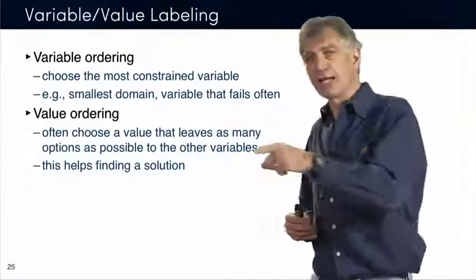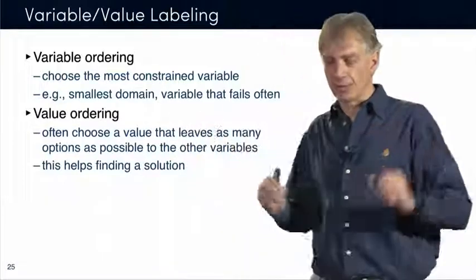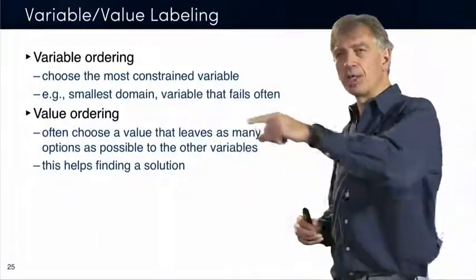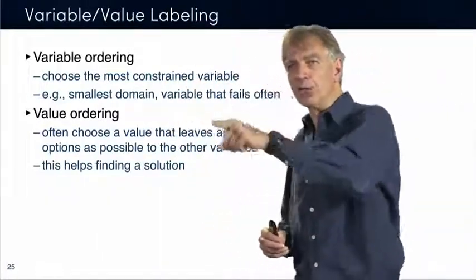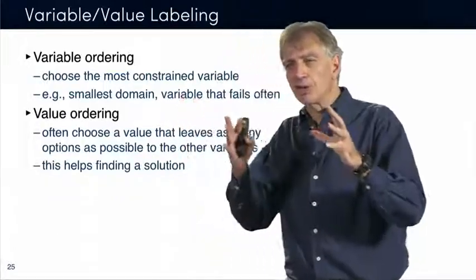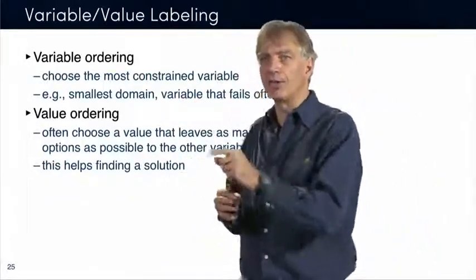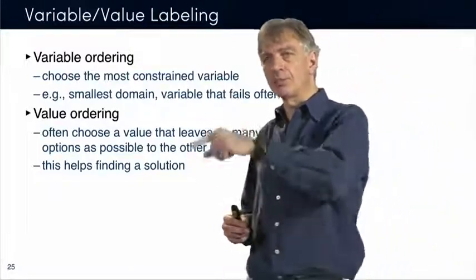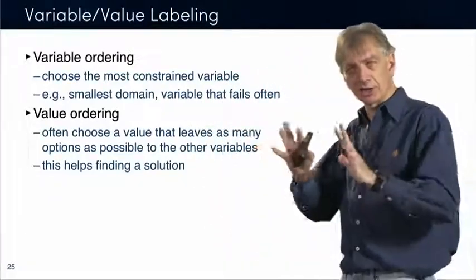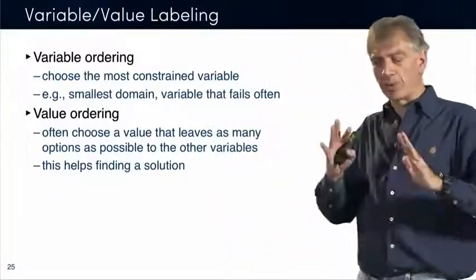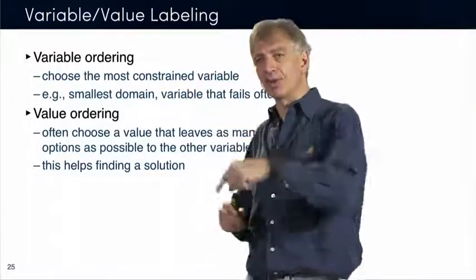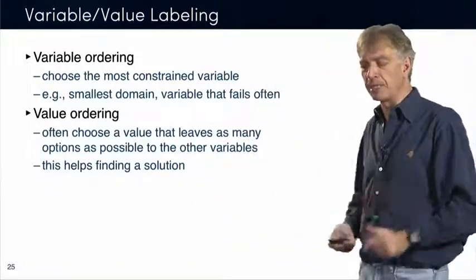Okay? Because that helps you find a solution. You leave flexibility for the variables. So in a sense here, we are trying to look at the region which is the toughest, but also trying to find a feasible solution. Of course, sometimes this is just a heuristic. This is not a rule that you have to apply generally. But this is typically something which is useful in practice in many applications.